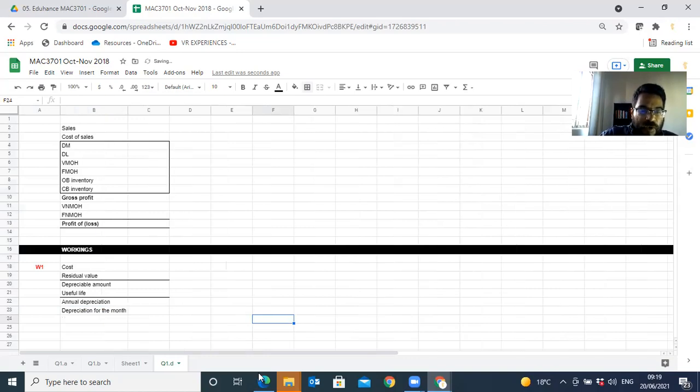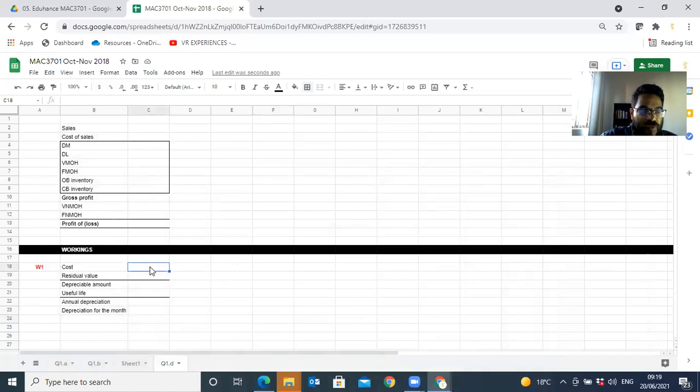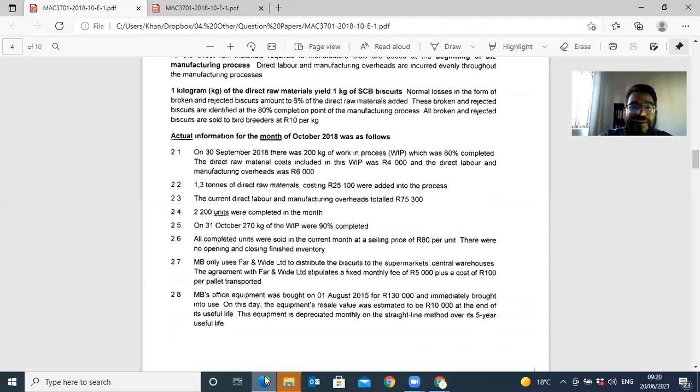So now if we go back to 2.8, they said it was bought on 1 October for 130,000 Rand. So the cost price is 130,000 Rand. The definition of a residual value in terms of accounting is the amount that you can receive for the asset at the end of its useful life.